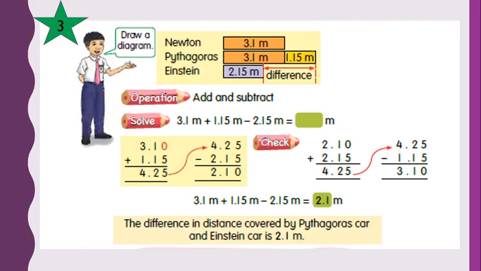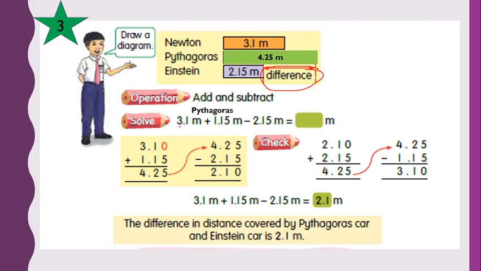So the distance for Pythagoras is 3.1 meter plus 1.15 meter equal to 4.25 meter. Okay, so this is the exact distance covered by Pythagoras. Alright, 4.25 meter. Okay, so we want to find the difference between Pythagoras and Einstein.